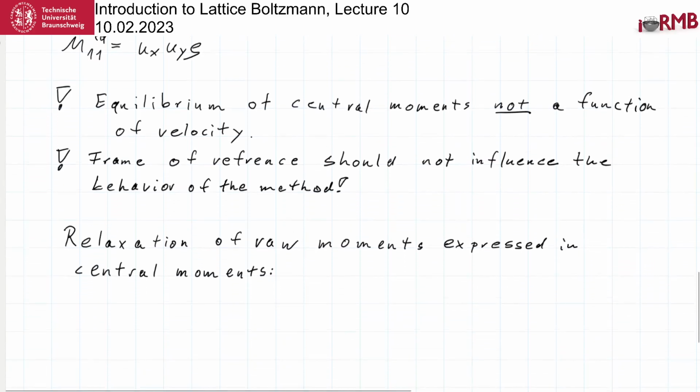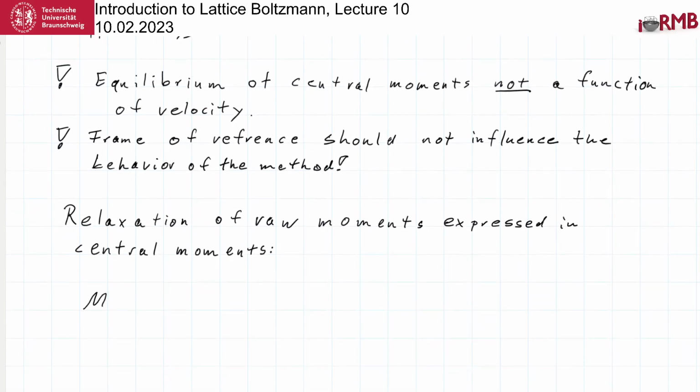Okay, let's just look at one moment, m20, after collision: m20 star equals m20 plus omega 20. I just assume all the moments have their own relaxation rate, times m20 equilibrium minus m20.